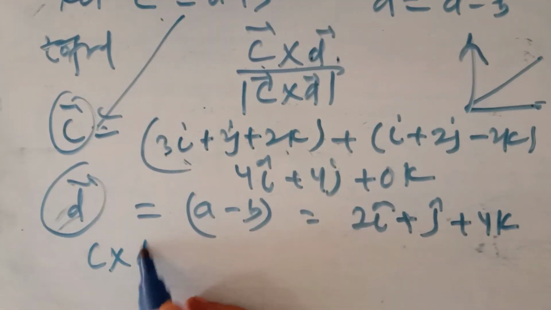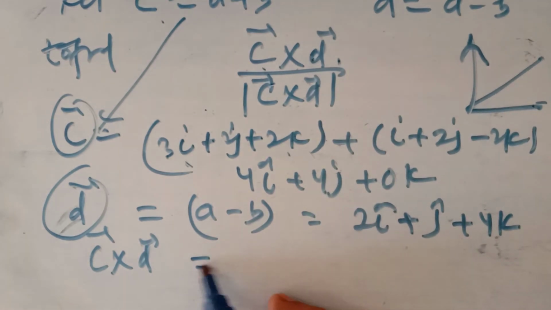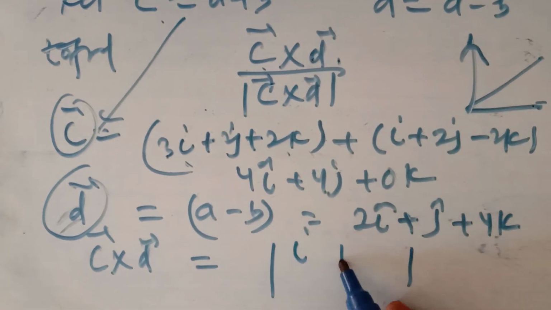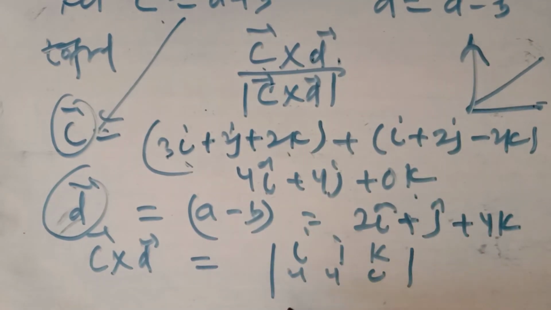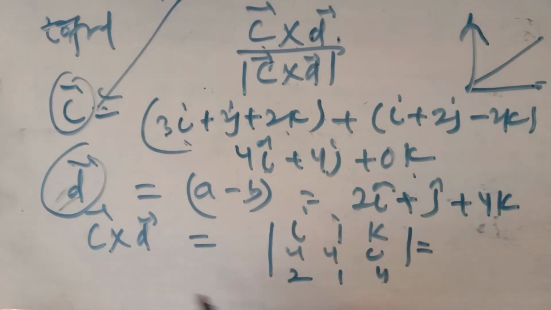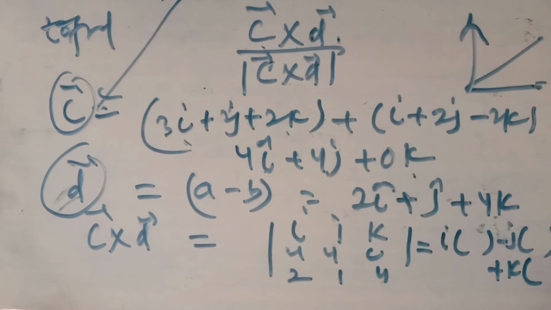Then you have to find C cross D upon the modulus of C cross D. You know how to find it. Write i, j, k, then the vector C, 4 4 0, and the vector D, 2 1 4, and expand it, and you will get the value of C cross D. Simplify it.